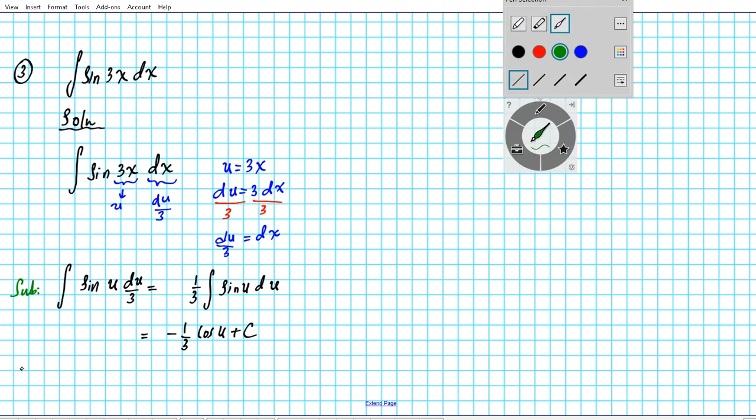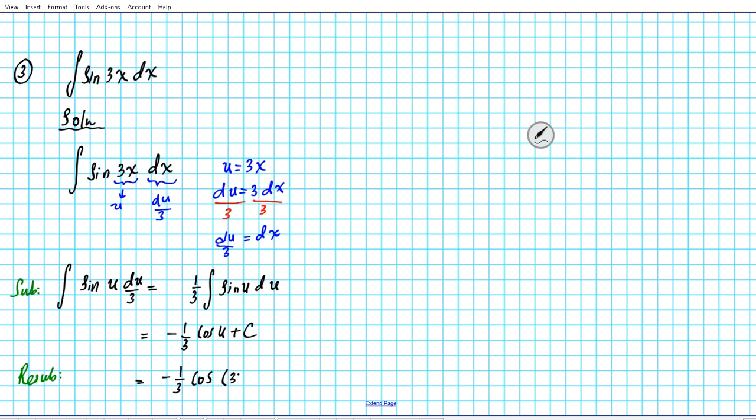To finish up the problem, we're just going to resub what we substituted out, which is 3x for u. So our final answer will be negative 1/3 cosine, instead of u, we resub 3x back into it, plus c. And this, ladies and gentlemen, is the final answer for question 3.